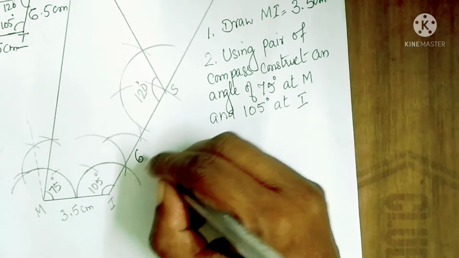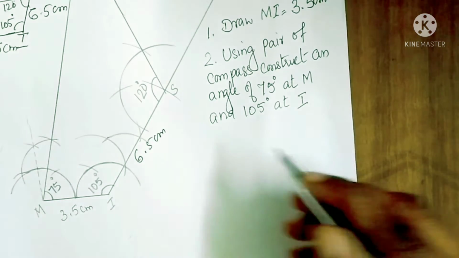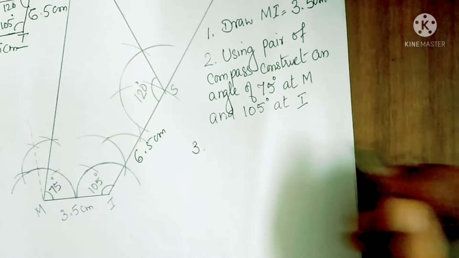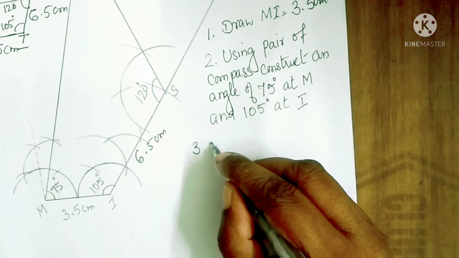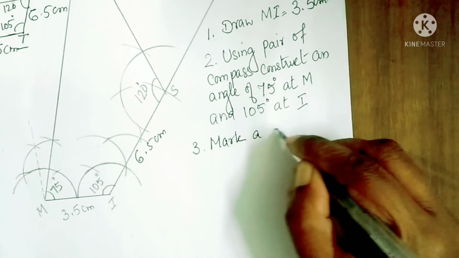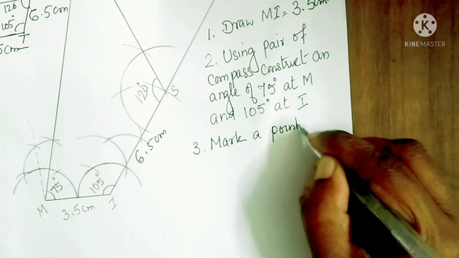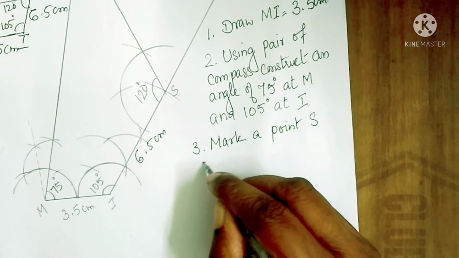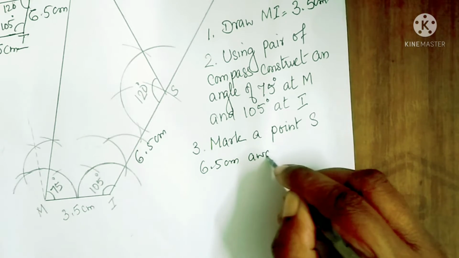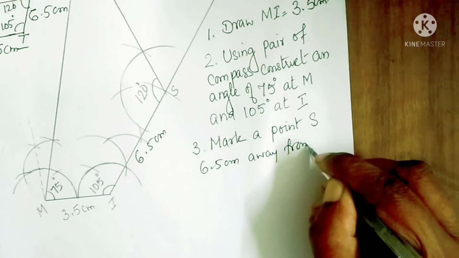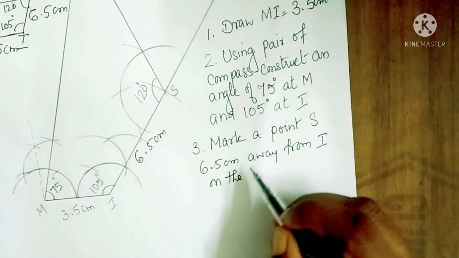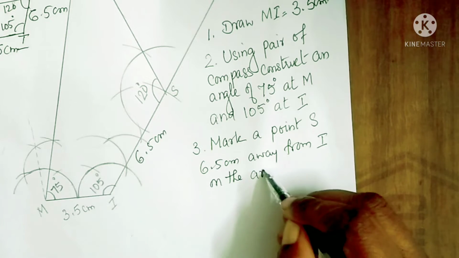We took 6.5 centimeter. So the next step was, mark a point S 6.5 centimeter away from I on the arm.